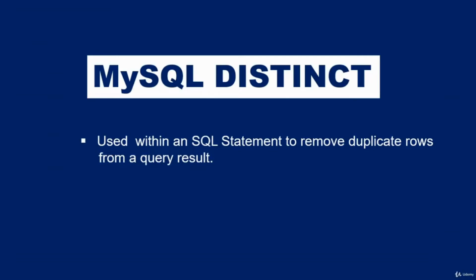So to remove them, you need to include the distinct keyword in your statement to get rid of them from the result of that query. The distinct keyword does not remove the duplicates from the table. It only removes the duplicates from the result output of the query.